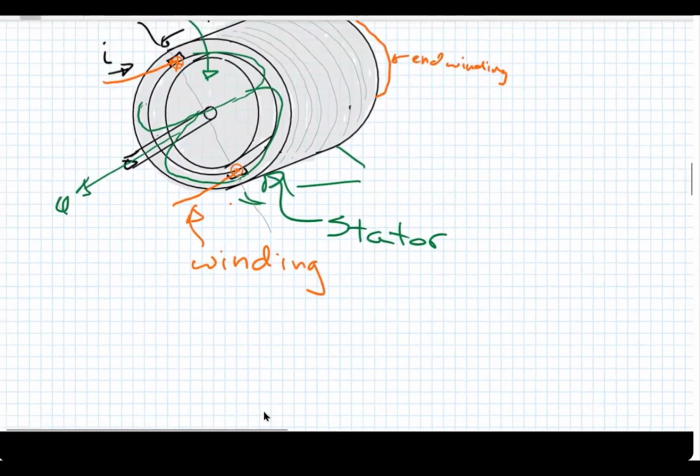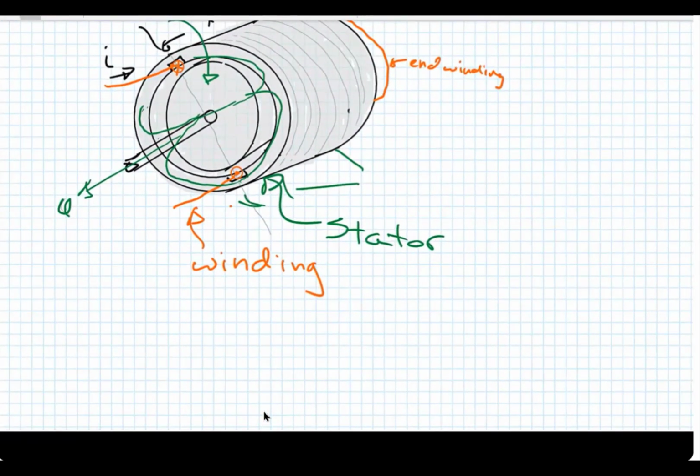So anyway, in this example, because you have a winding, you can have a flux linking that winding, and you have an inductance. Remember our general expression for inductance was turns squared. This is a self-inductance, so if you only have one winding, you've only got a self-inductance. Turns squared divided by the reluctance, whatever the total reluctance of the machine is.